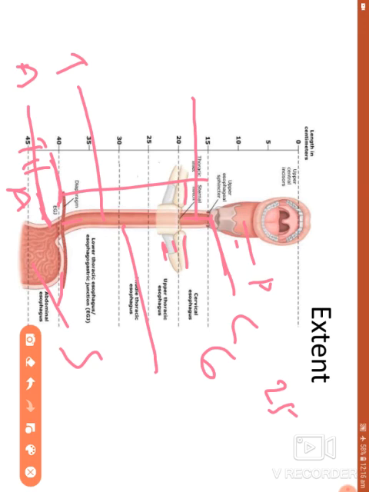You know the boundaries of the thoracic inlet; just proximal to that lies the cervical region. So, cervical part, then thoracic part, and then abdominal part. The cervical part is 4 centimeters, the thoracic part is 20 centimeters, and the abdominal part is 1.25 centimeters in length. That is about the extent of the esophagus and its dimensions.